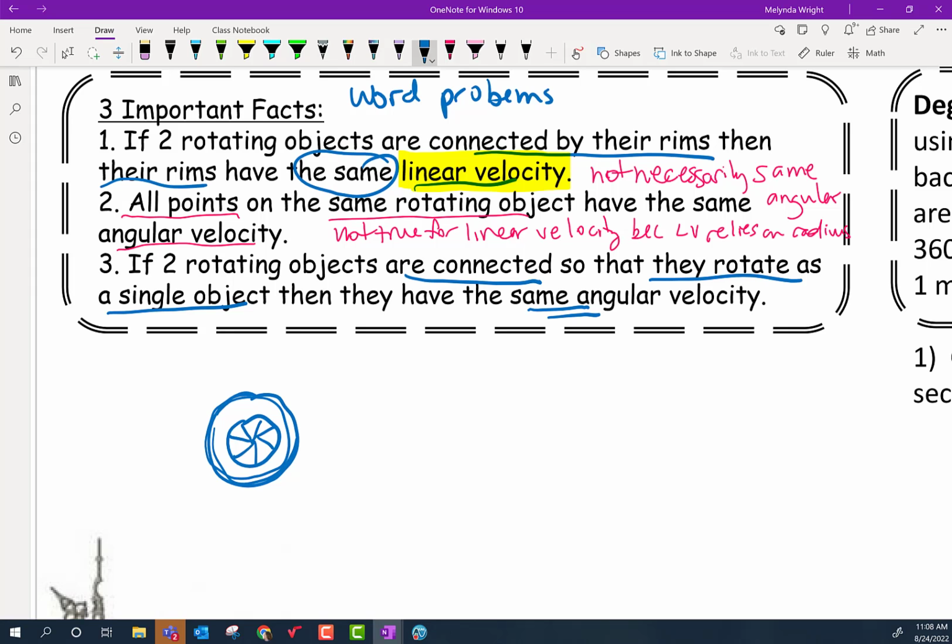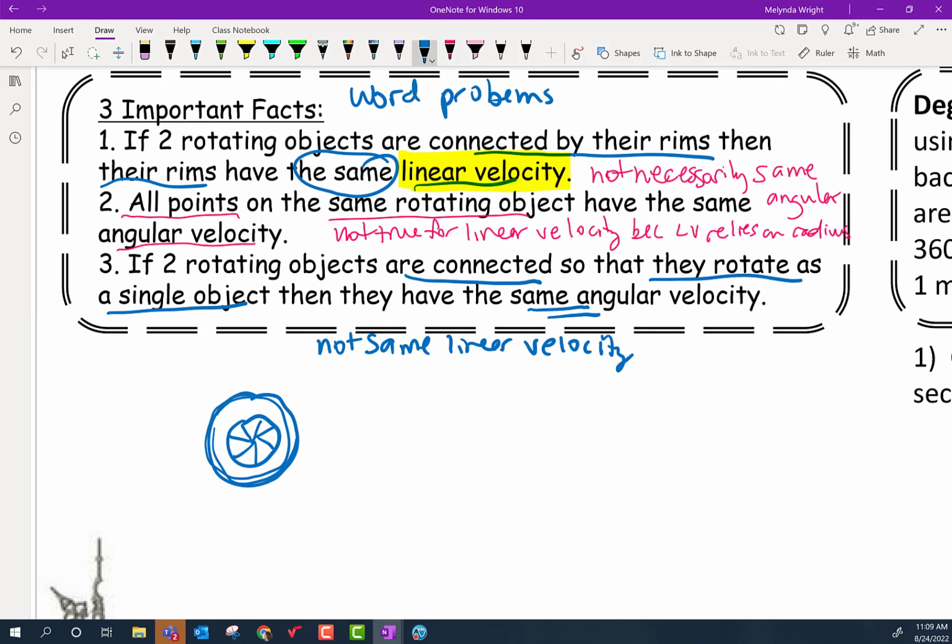Do they have the same radius? No. So they won't have the same linear velocity, but they will have the same angular velocity.